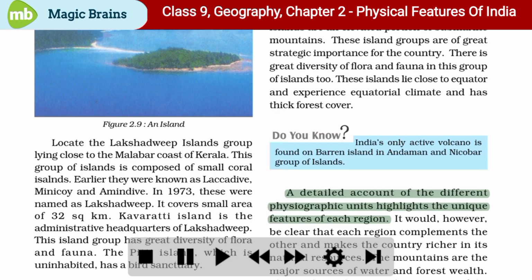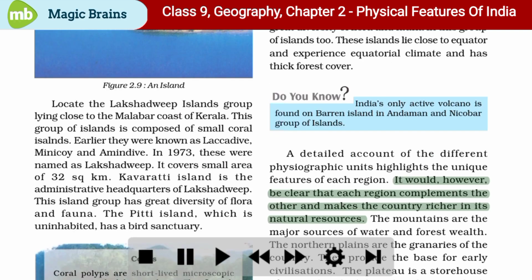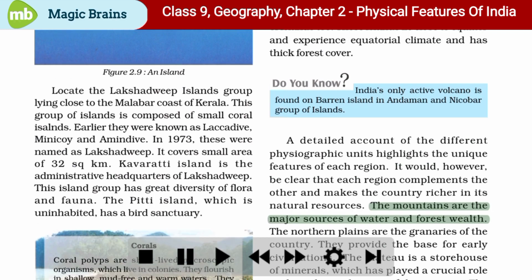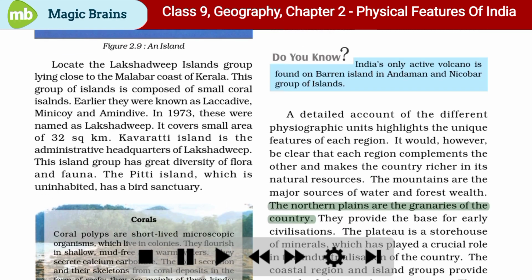From the text. A detailed account of the different physiographic units highlights the unique features of each region. It would, however, be clear that each region complements the other and makes the country richer in its natural resources. The mountains are the major sources of water and forest wealth. The northern plains are the granaries of the country.